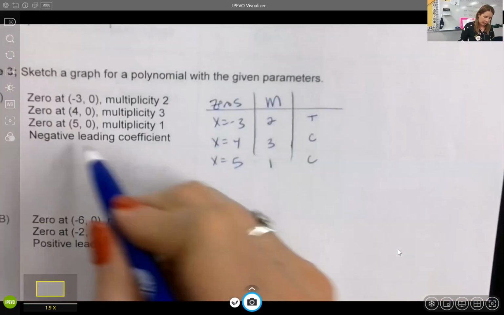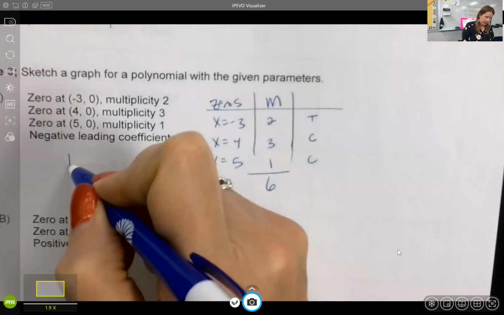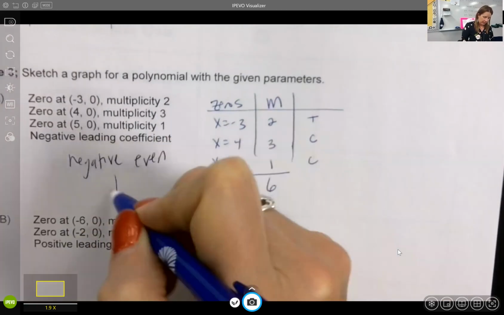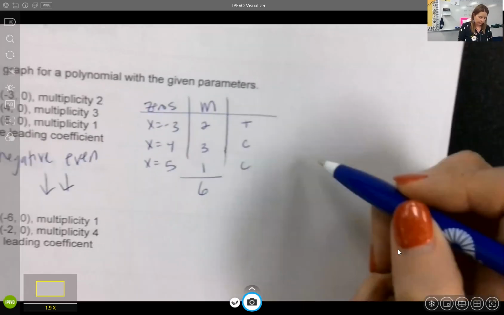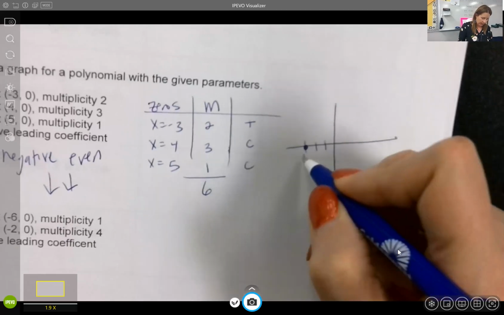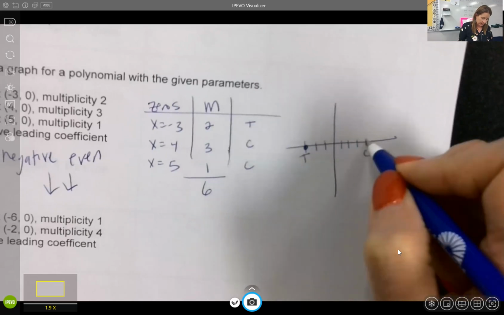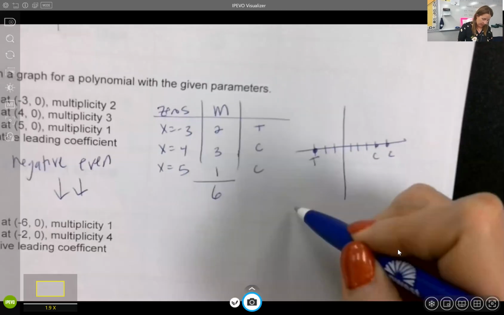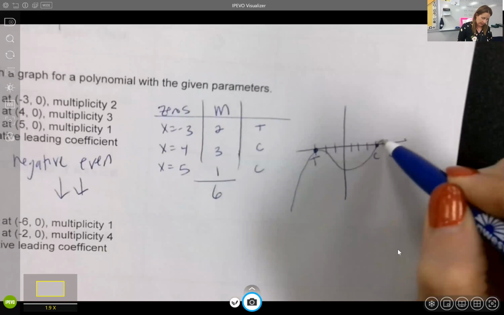Negative leading coefficient, my total is a 6. So this is negative, even, they're both down. Touches here, crosses here, crosses here. These are both down, so it's going to go touch, cross, cross, and down.